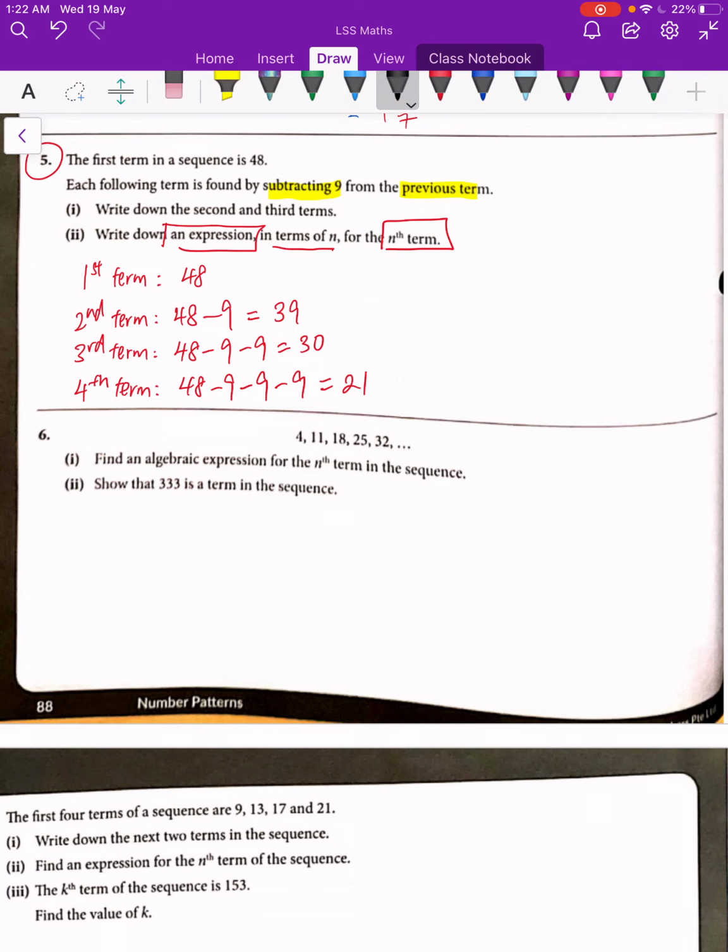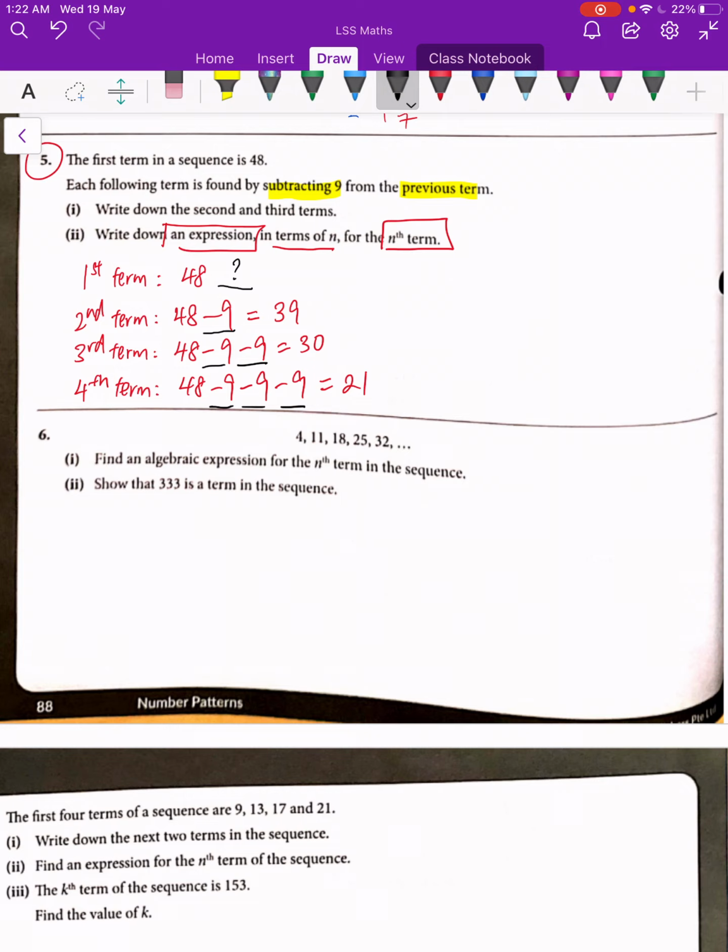Do we subtract by any number for the first term? The answer is no. For the second term, we minus by 9. For the third term, we minus 2 nines. And for the fourth term, we minus 3 nines. So minus 9, minus 9, minus 9.